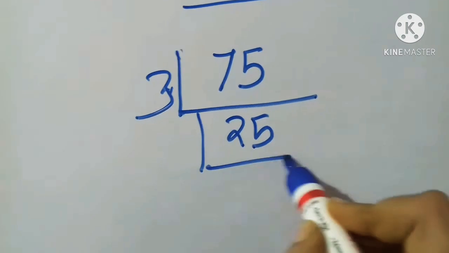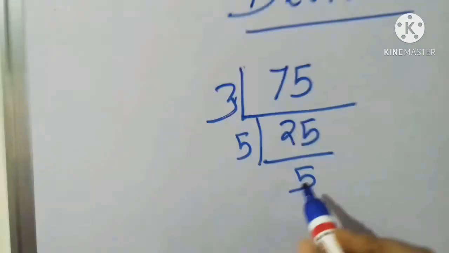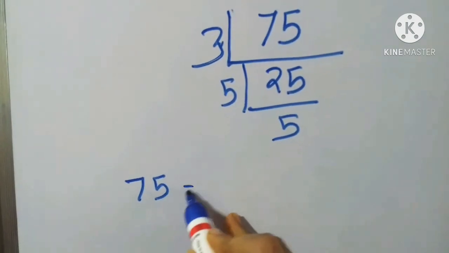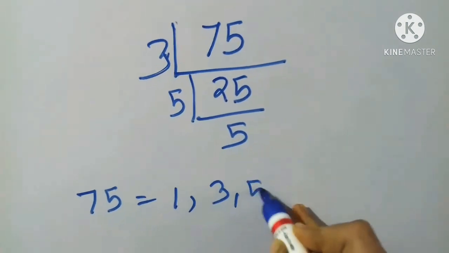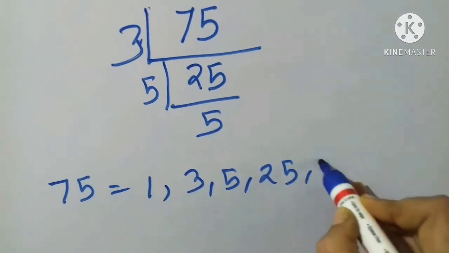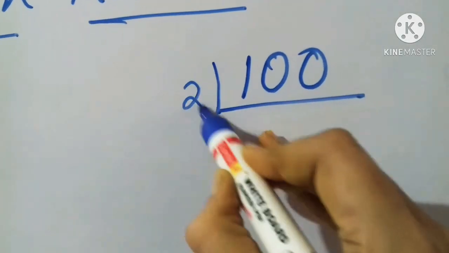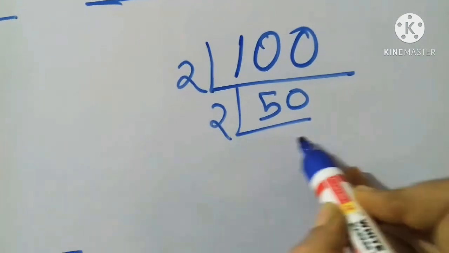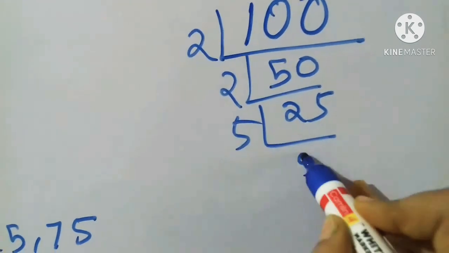After that I can divide 25 by 5, 5 5s are 25, and all the possible factors of 75 will be 1, 3, 5, 25 and 75. These are all the factors. For 100 I can divide this number by 2 first. 50 2s are 100, then 25 2s are 50, and then 5 5s are 25.